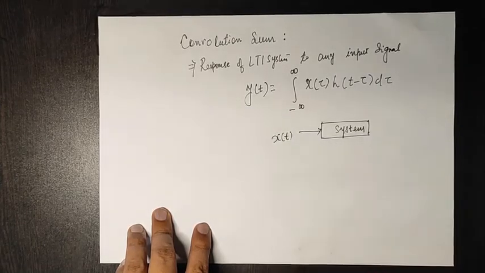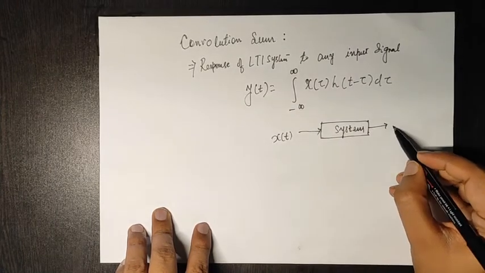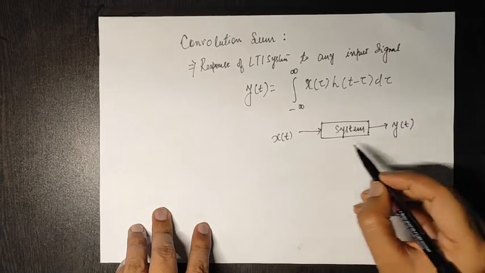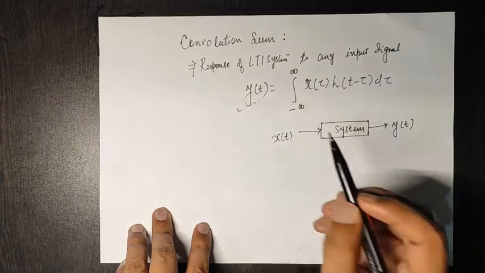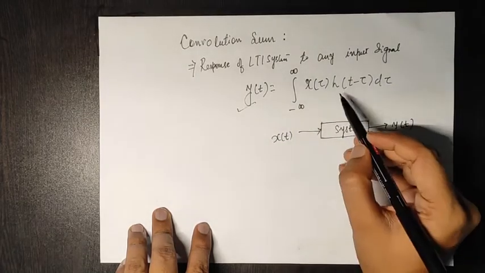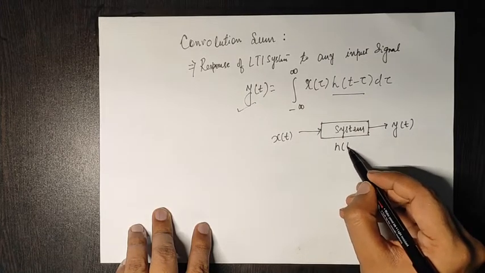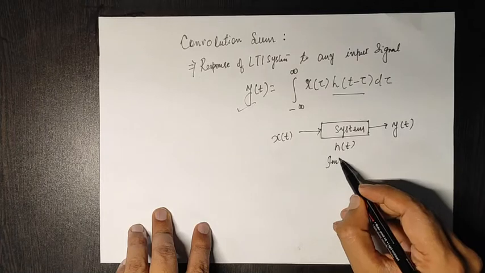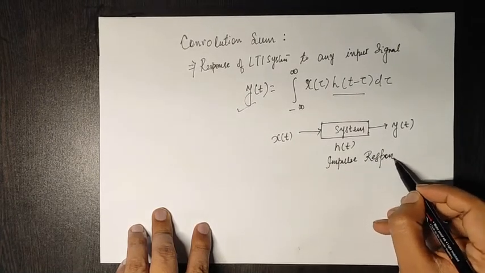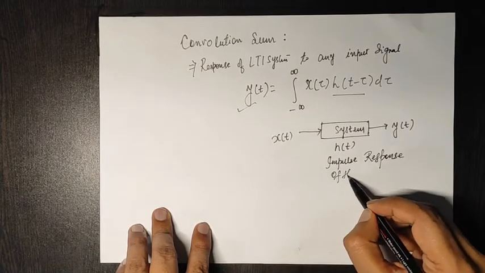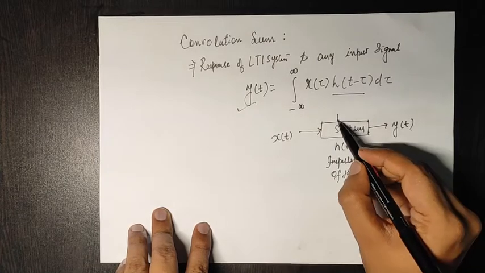For an input signal x of t, the output is y of t, which is found using convolution sum with a prerequisite that the impulse response of the system is already known. So this is an LTI system.